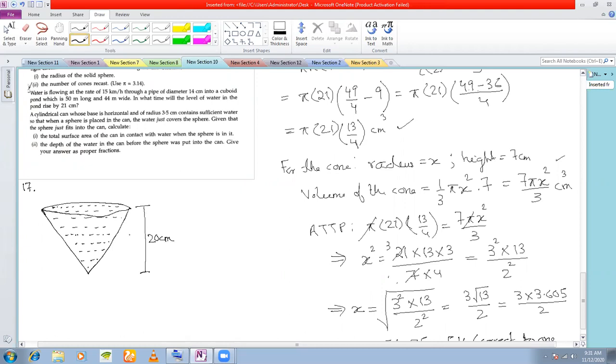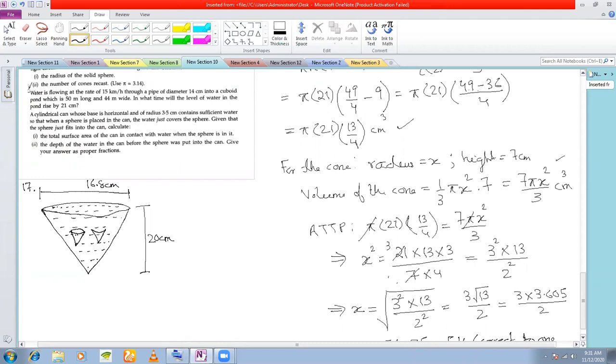And diameter is 16.8. So this diameter is given to be 16.8. Two equal solid cones are dropped in it. So two cones are dropped here into this liquid.